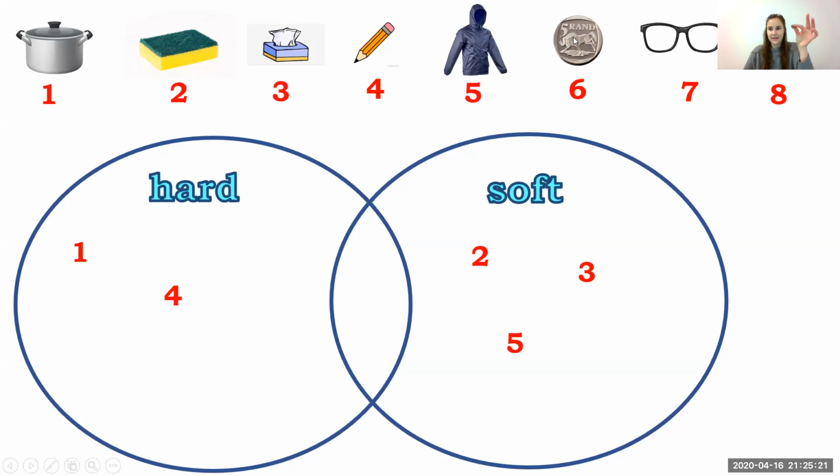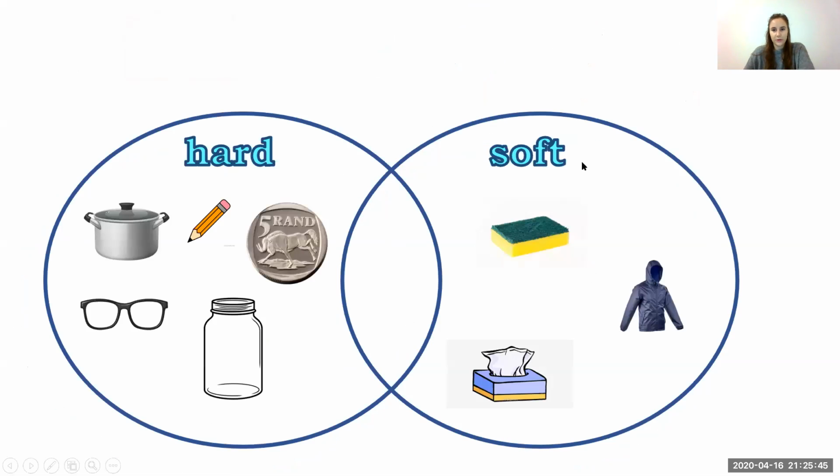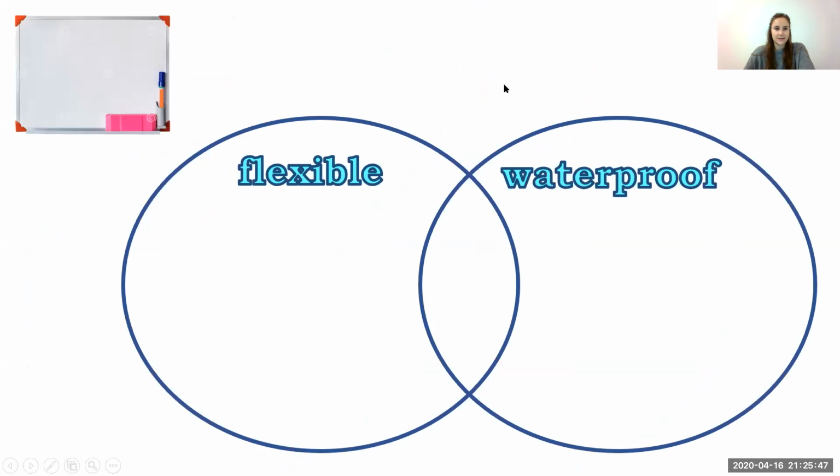Here the coin is made out of metal. It is very hard. The glasses are also very hard. So number 7 goes to hard. And the last one, the jar, is also hard. So here are all the pictures in the correct places.